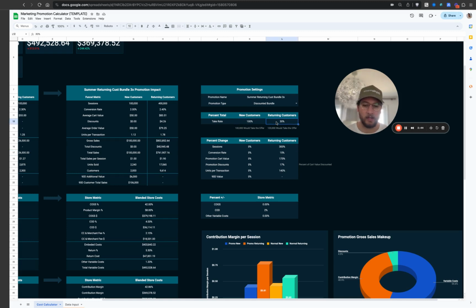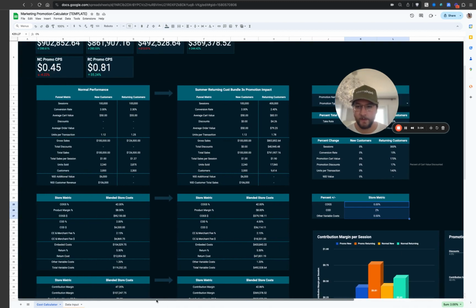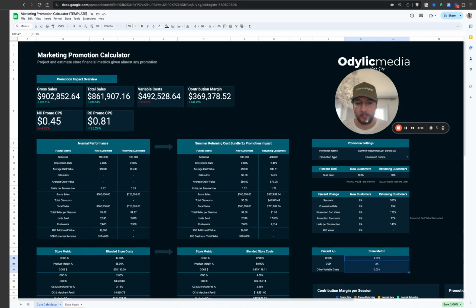You put in your take rate, the percent of customers that would be likely to take this offer or that would even be qualified to take it. And then you put in your percent changes into all these metrics and how the promotion will affect this qualitatively or quantitatively. And then you also put in your percent additions or subtractions here for your store level metrics, which are blended. Okay. Now we can actually get into some examples and I can show you how this works.